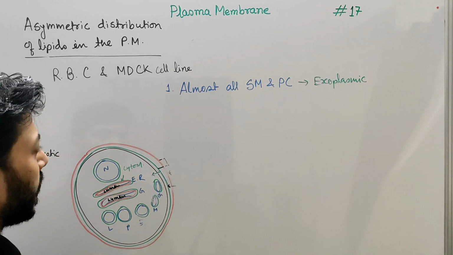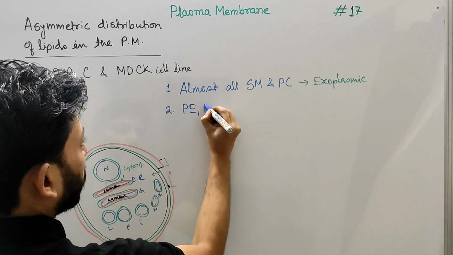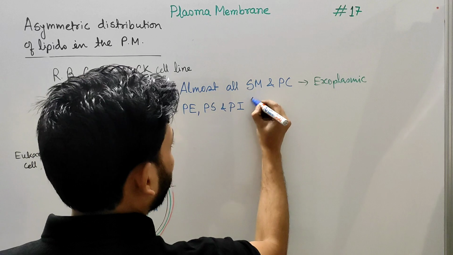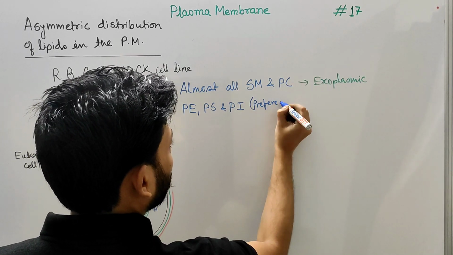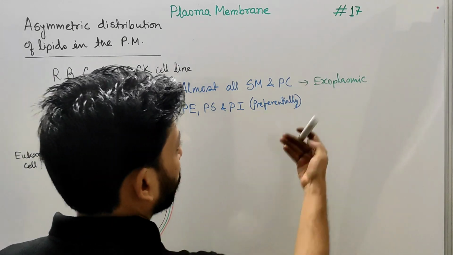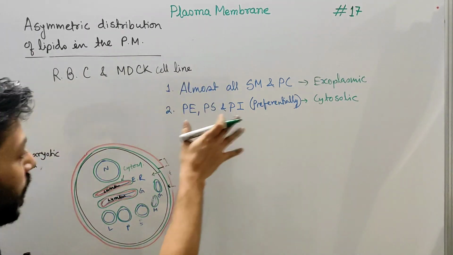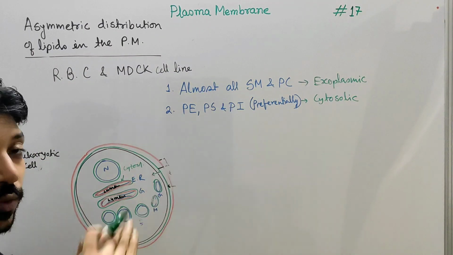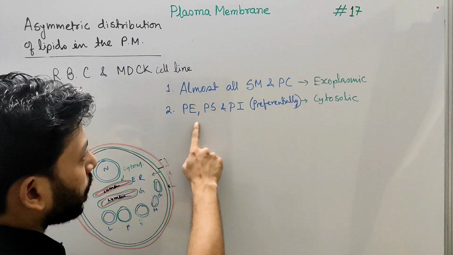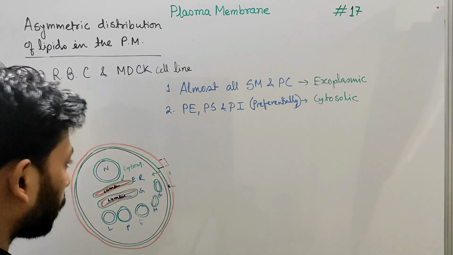They observed another point, that phosphatidylethanolamine, phosphatidylserine, and phosphatidylinositol, these three phosphoglycerides, are preferentially present in the cytosolic leaflet. I have already discussed what exoplasmic and cytosolic leaflets are, so it will help you understand the asymmetric distribution of lipid molecules. So these three phosphoglycerides are preferentially present in the cytosolic leaflet.